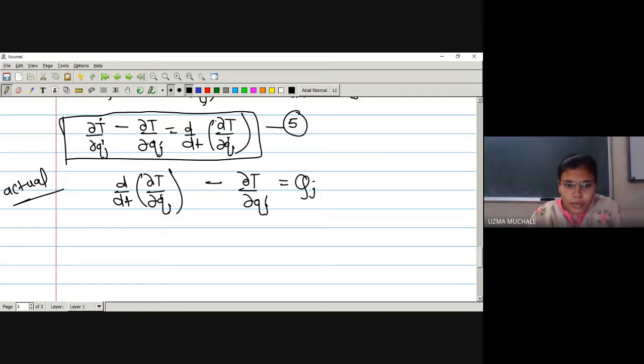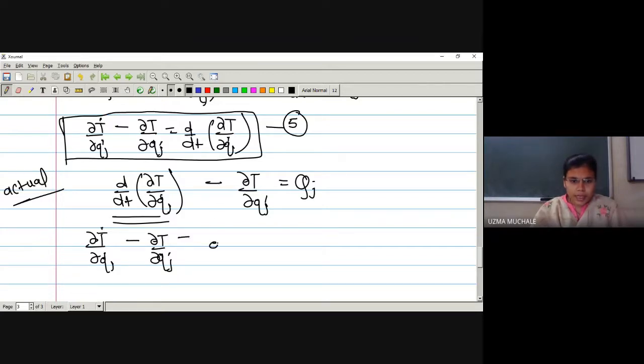Now what we will do, we will substitute the value of this term from equation 5 in this term, right? Value of this term is this whole term. So this we will keep, dou t dot by dou qj dot minus dou t by dou qj. So value of this term we have substituted from equation 5, and this term we will keep as it is, dou t by dou qj, is equal to Qj.